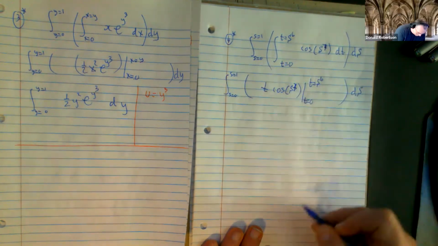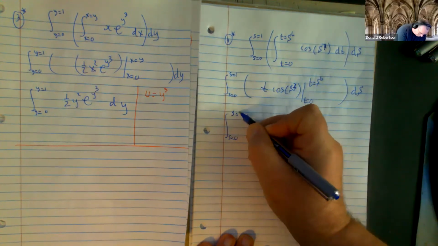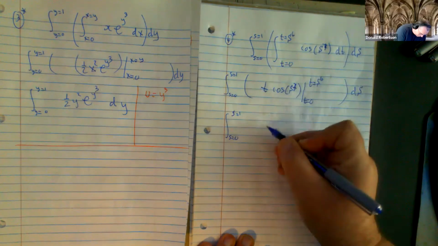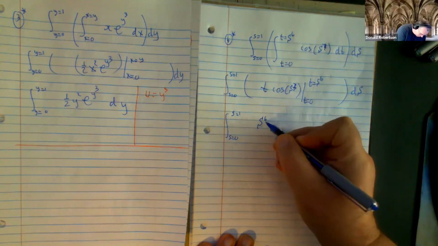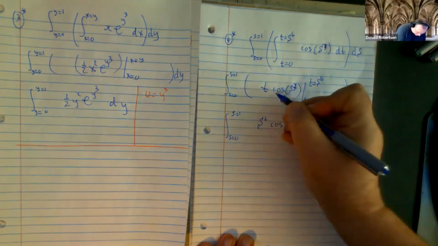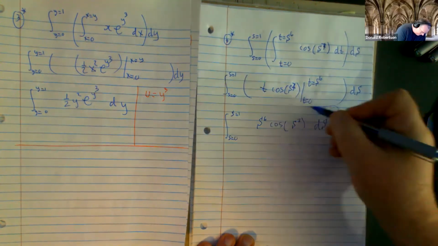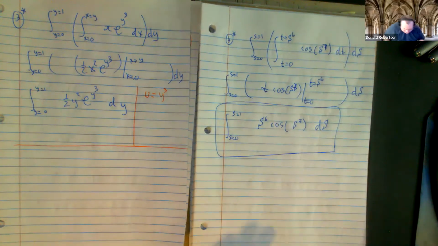Here we go. So we have from s equals 0 to s equals 1. If you replace the t with s to the 6, and take away nothing, you're good. All right. What method would you use to integrate that thing?